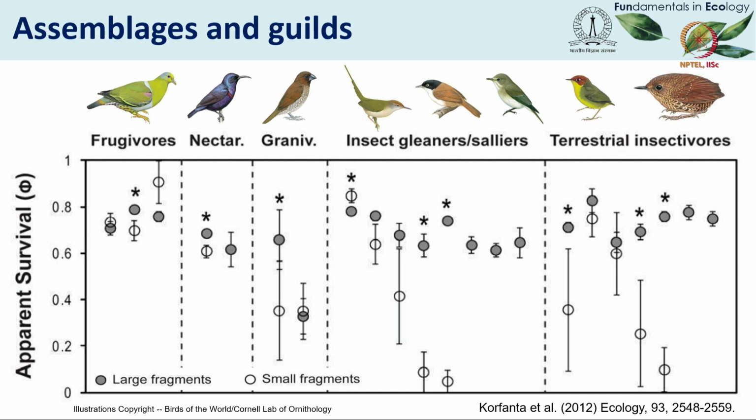Within that guild of terrestrial insectivores, you have a set of species that share some important property. That important property for terrestrial insectivores is that they all feed on arthropods, and that they feed on or close to the ground, and they don't go up into higher levels in the vegetation.